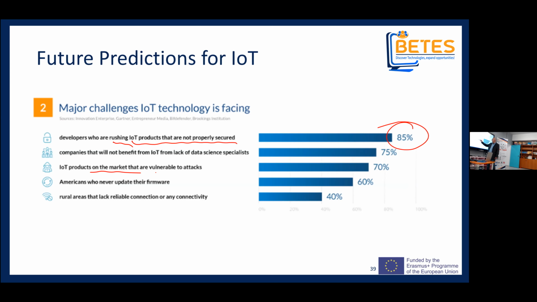IoT products on the market are vulnerable to attacks. 70%. So this is something to consider. We need more engineers and scientists and IT engineers. Rural areas lack reliable connection or any connectivity. 40%.